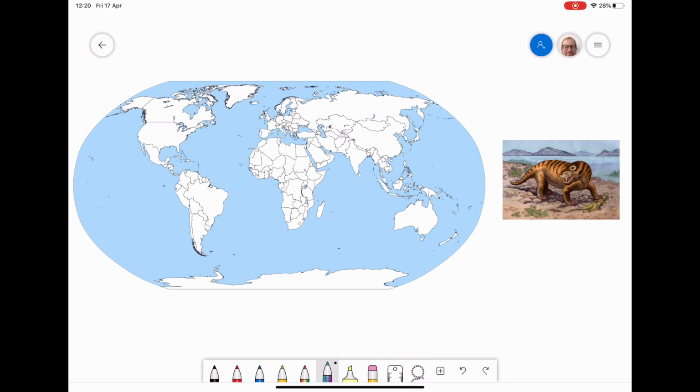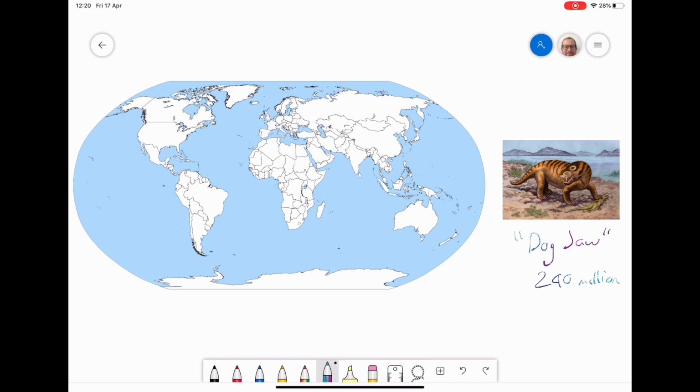One of the bits of evidence they found was this creature over here, which is called the Cynognathus, which translation means dog jaw. And it was an animal that was around about 240 million years ago, and it was a land animal that couldn't swim.